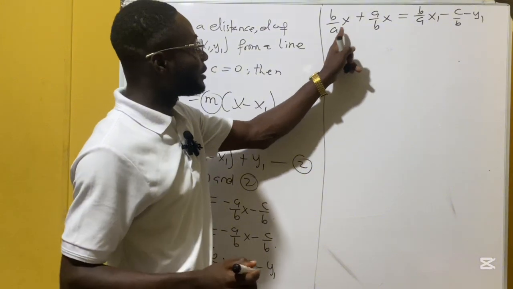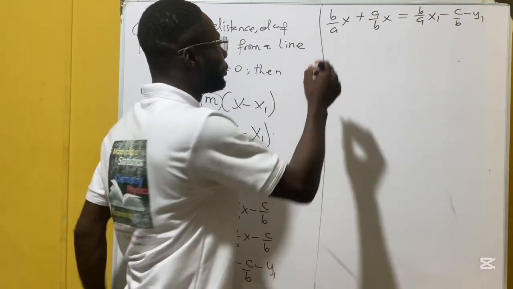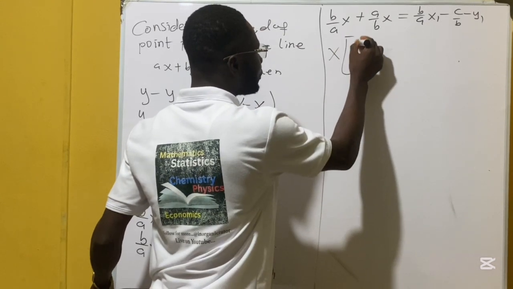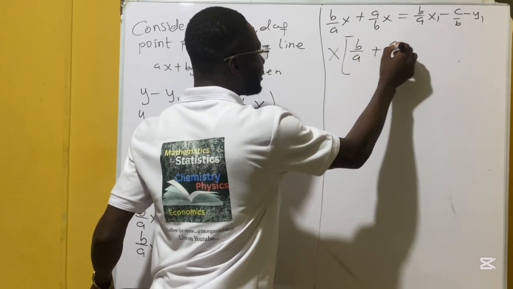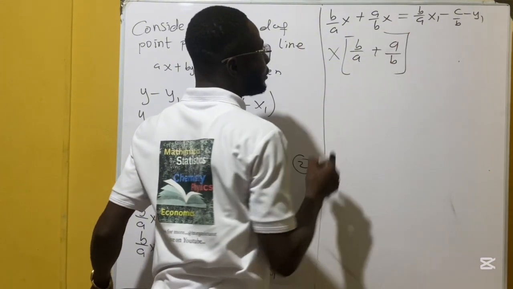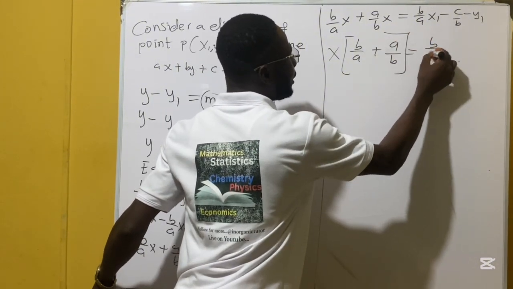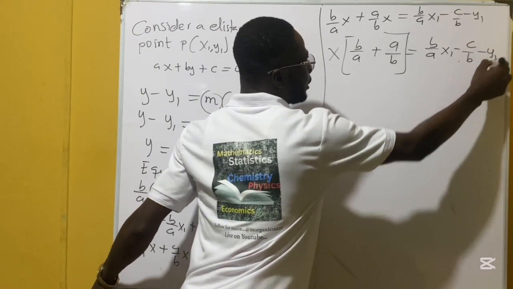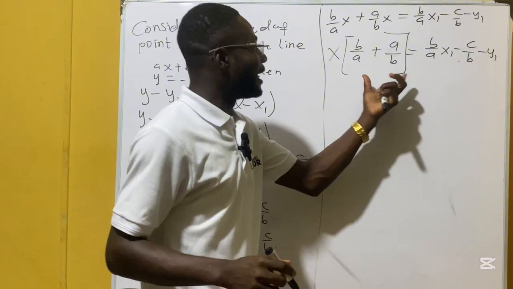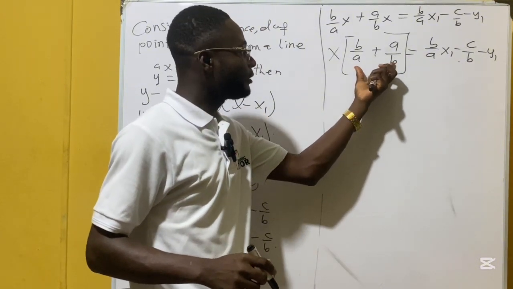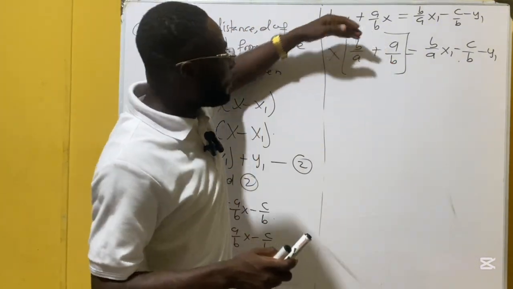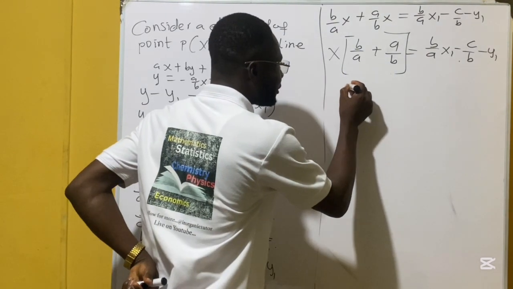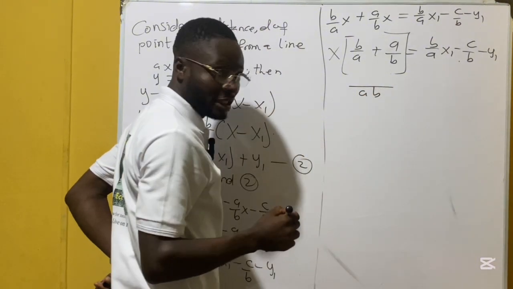So here we can see that x is common to these two terms. So we factor x out. So we're going to have x into b over a plus a over b. And that should be equal to b over a x1 minus c over b minus y1. Okay, so let's try to sum this information here so that we can make x the subject from this. So we find the LCM, and that is going to be AB, right?